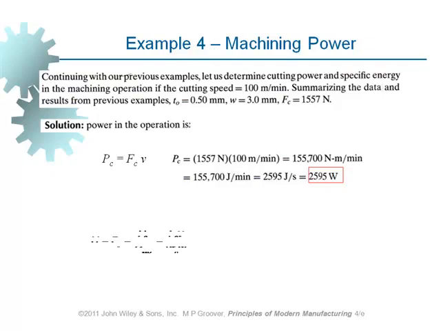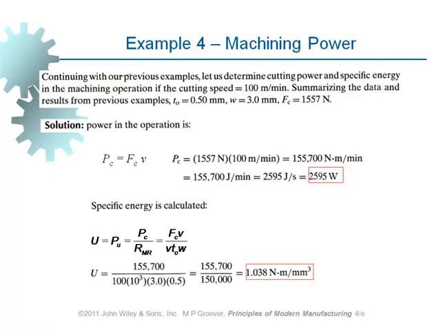And next, the equation for specific energy, which is this. Have we got all the parameters to compute this specific energy? FC is given in here, V is given, and everything else is also given. So we should be able to have these computed.